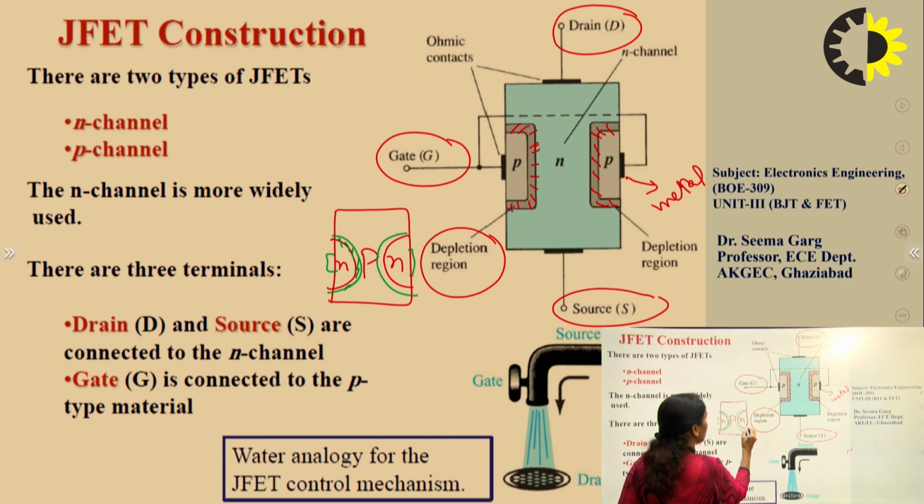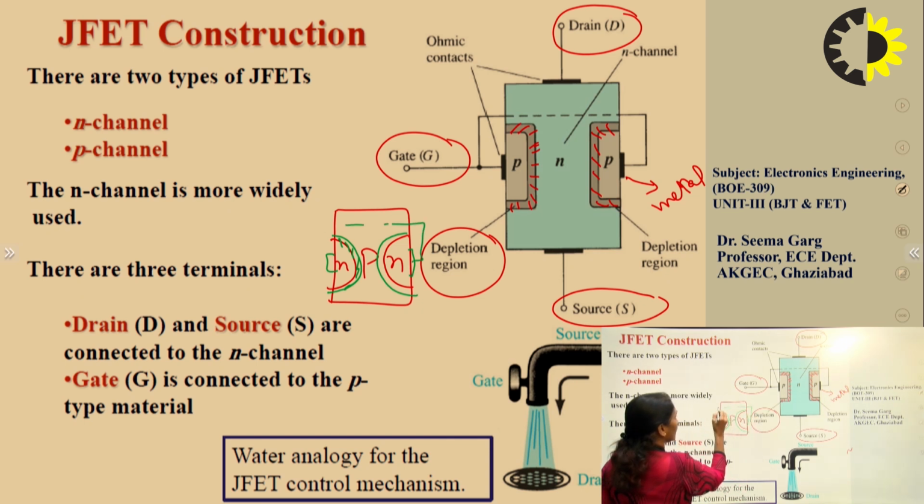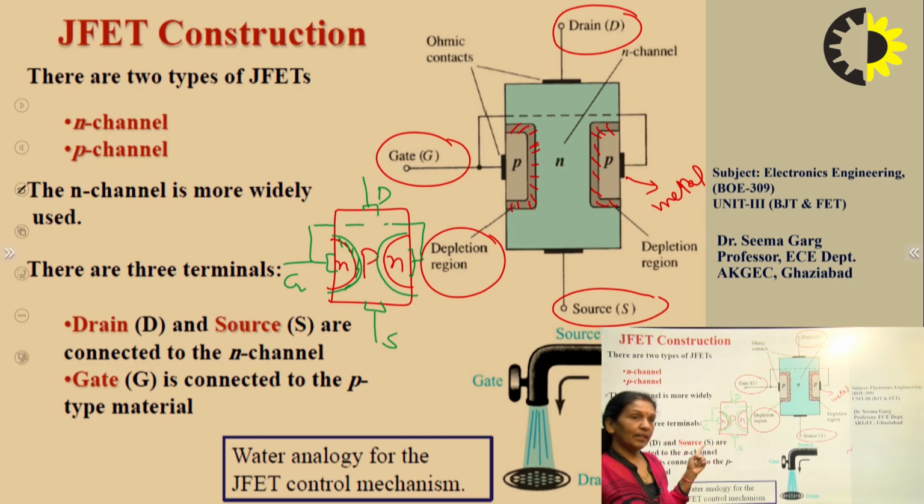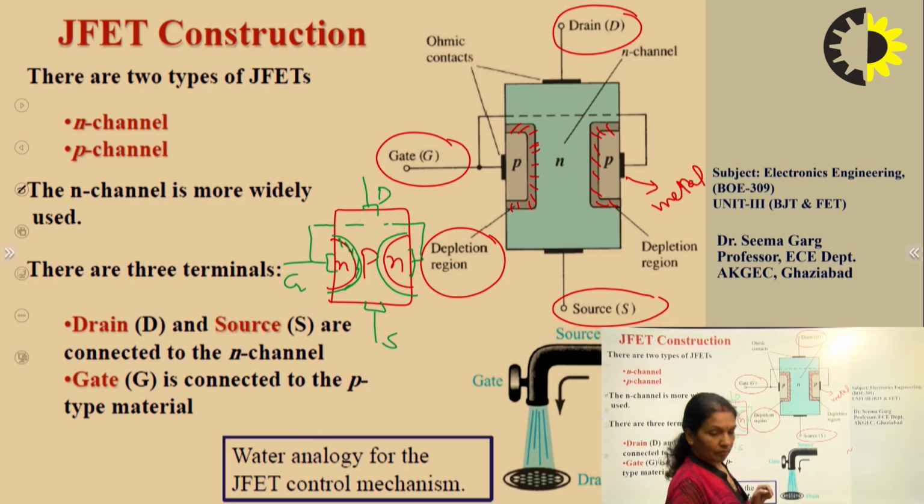Again, there are the two metal contacts. This will give you the gate terminal. This is the source terminal, and this is the drain terminal. So this is your P type junction field effect transistor.